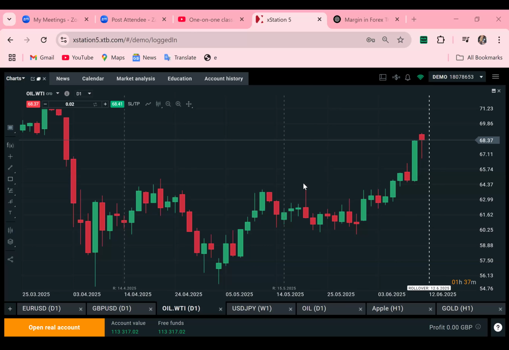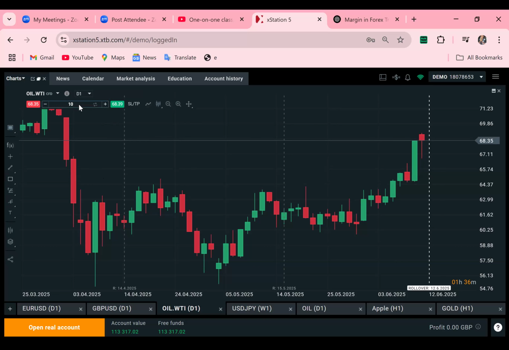So now this is a $113,000 account, and which market is this? Okay, this oil market is going up. Oil is doing well. I think there's a problem in Iran that may push the market more up.